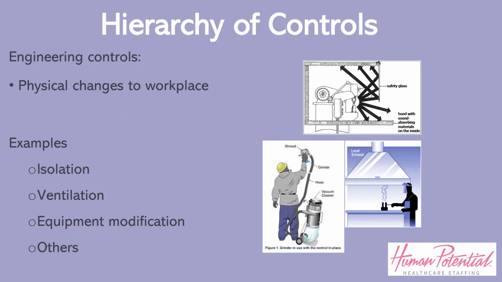Some examples are isolation, where the hazard is enclosed, prohibiting exposure to the worker; ventilation, where air exchanges reduce atmospheric hazards; and equipment modifications, which reduce the hazard through the design of the equipment or attachments, such as reduced vibration, dust collection systems, and noise reduction.